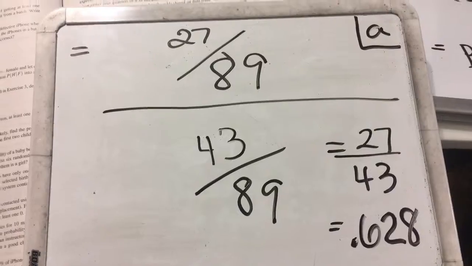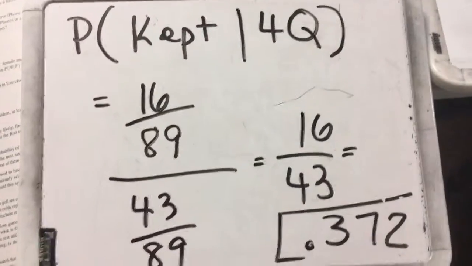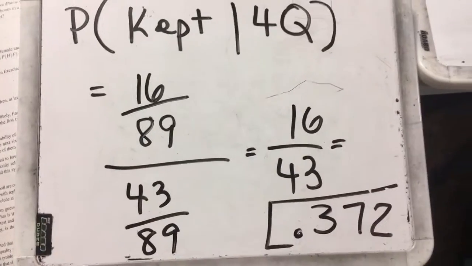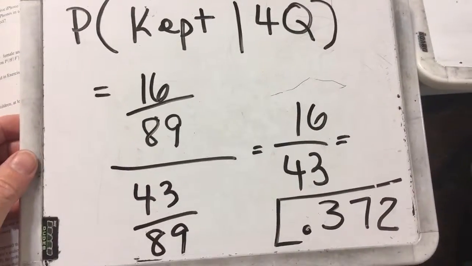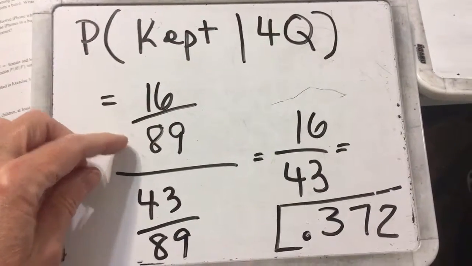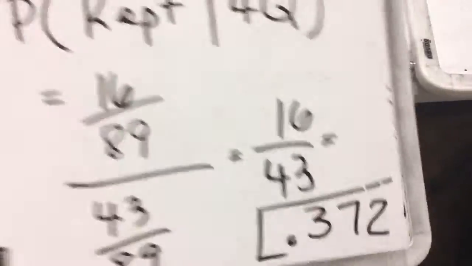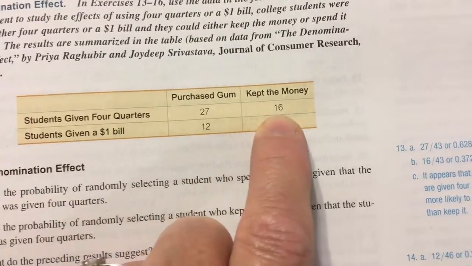or 0.628. So now we look at the B portion, doing the probability that they kept the money when they were given 4 quarters. The top is going to be the probability that they kept it and it was 4 quarters. When we look at our little chart, we have 4 quarters and then we have kept.